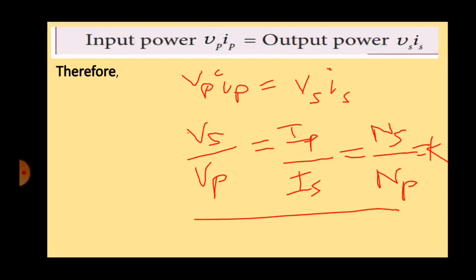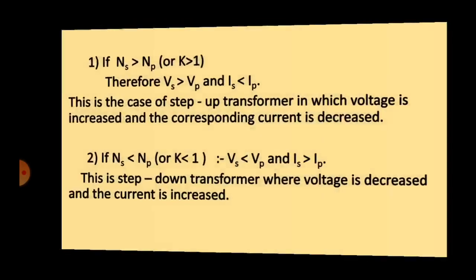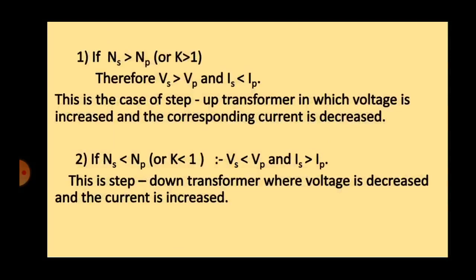So students, there is a step up transformer and a step down transformer. In the case of a step up transformer, the number of turns of the secondary coil is greater than the number of turns of the primary coil. So Ns is greater than Np, and K is greater than 1. Therefore, the secondary voltage is greater than the primary voltage, but the current decreases.